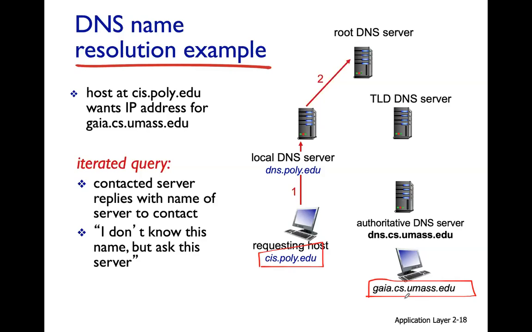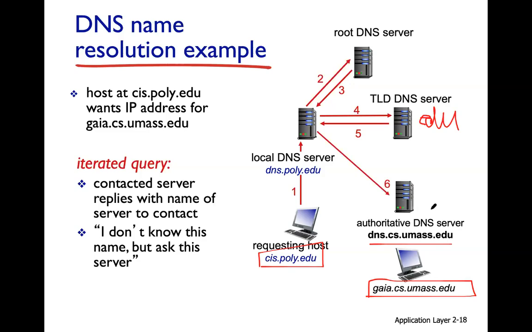And the root DNS server will say, okay, please call the TLD, top level DNS server, which is probably the edu server. The edu server will say, go to the authoritative DNS server, which is dns.cs.umass.edu.